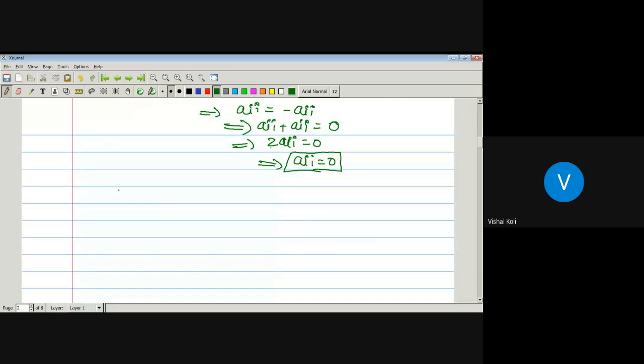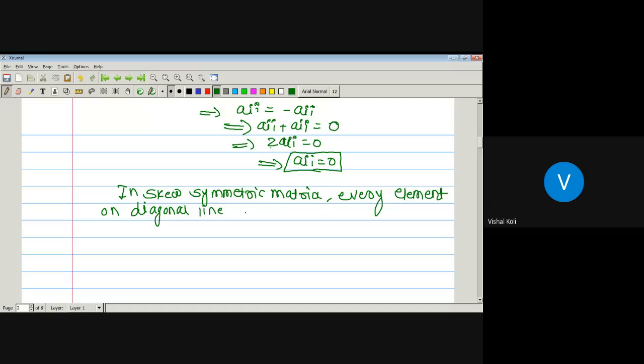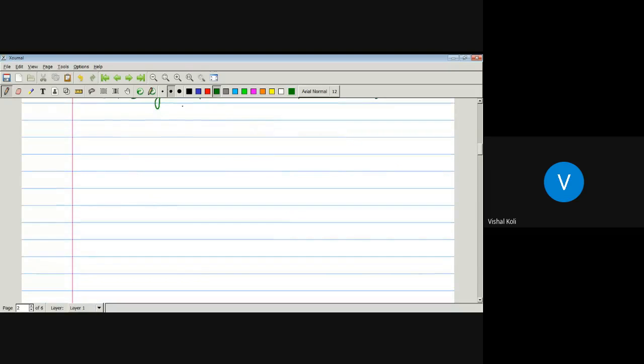So in a skew symmetric matrix, every element on the diagonal line is equal to 0, by using the given definition. Let us see an example.